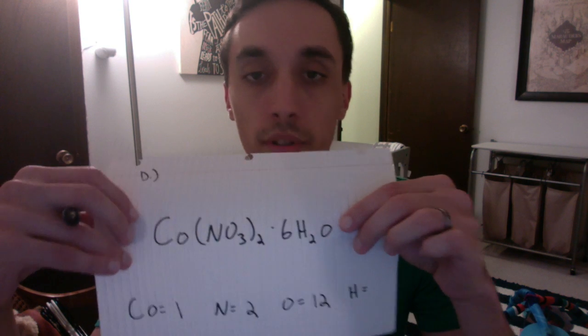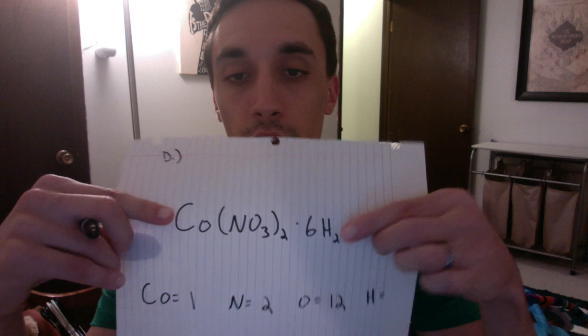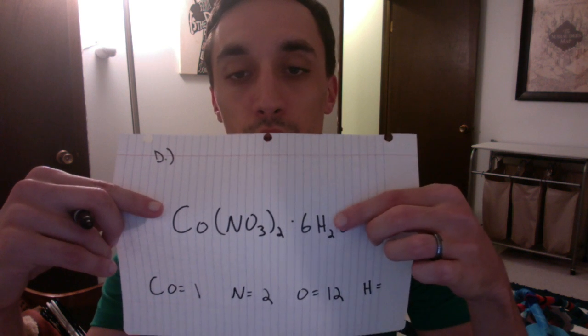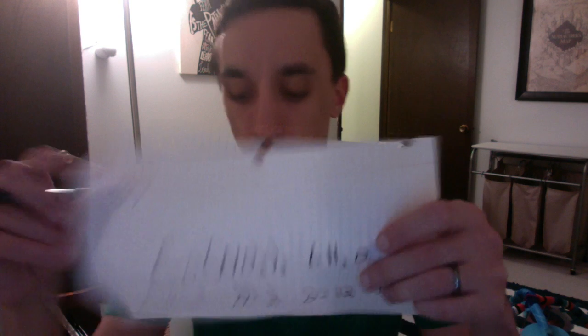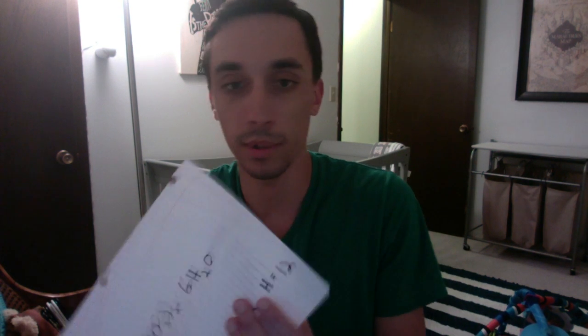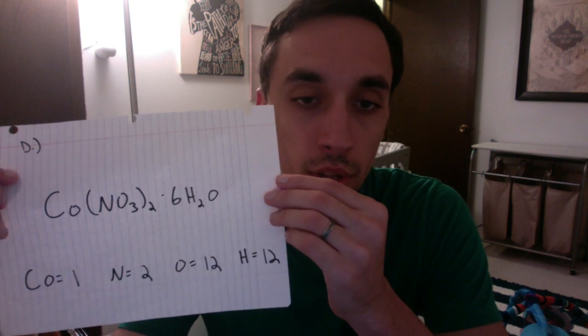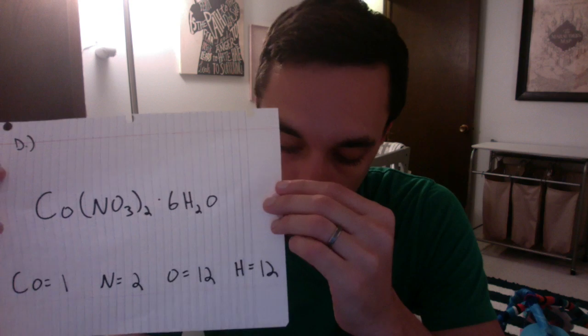So finally, let's look at hydrogen. We only have hydrogen here in the water molecule at the end, H2, and we have 6 molecules, so 6 times 2 gives us 12 hydrogen. So we've got 1 cobalt, 2 nitrogen, 12 oxygen, and 12 hydrogen. And that's all.